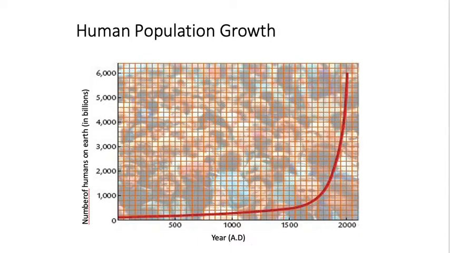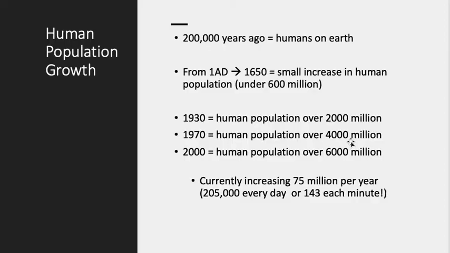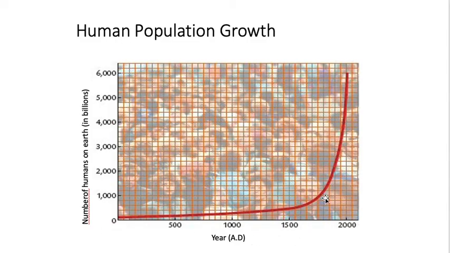If we consider population growth since records began, we get a graph that looks something like this. So we see that in our early history, the human population was increasing at a very slow rate, but that in recent years, the rate of growth has gone up massively.